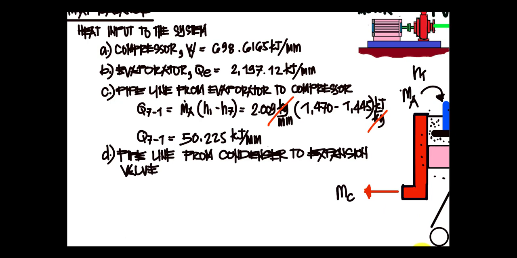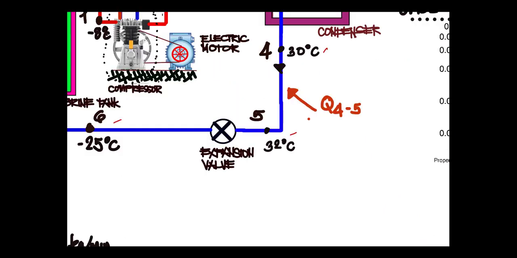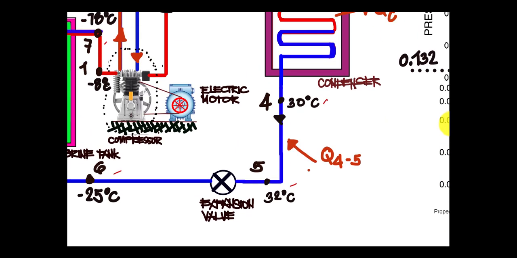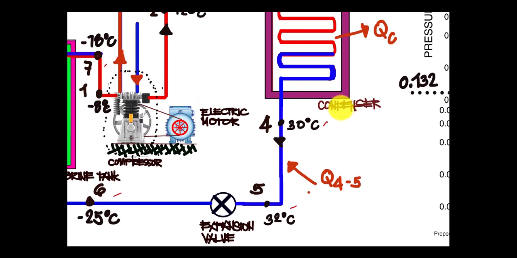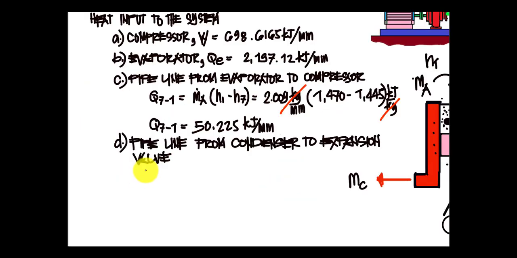Next, we need to determine the pipeline from the condenser to the expansion bath. Looking back at our schematic diagram, the pipeline from condenser to expansion bath is from 4 to 5. So that will be the heat from 4 to 5.